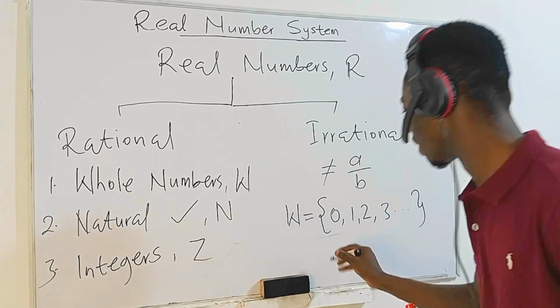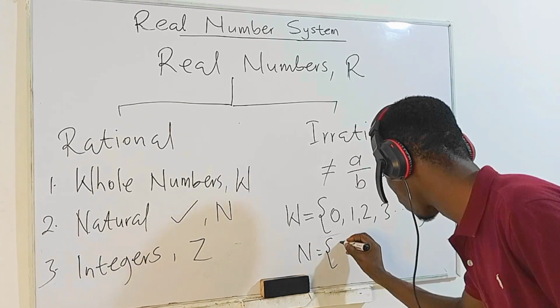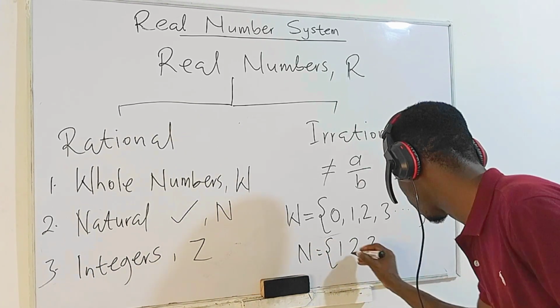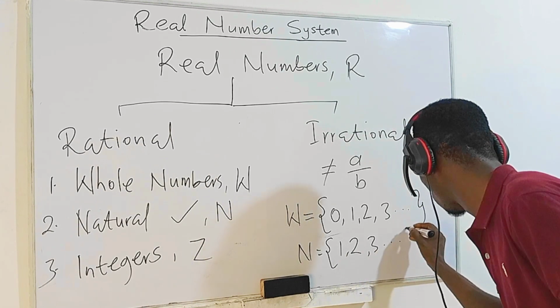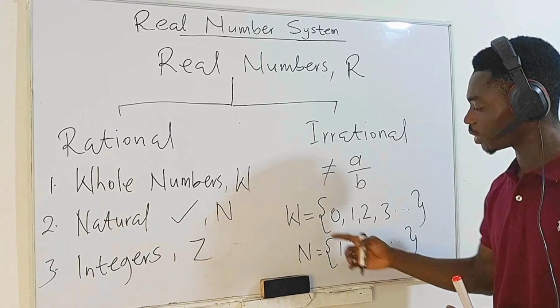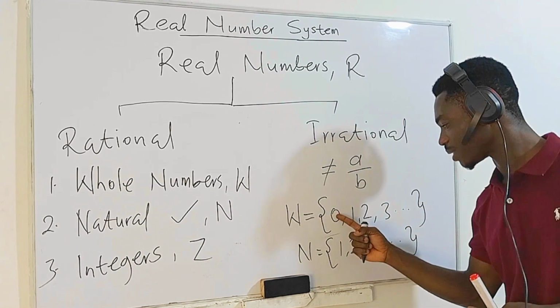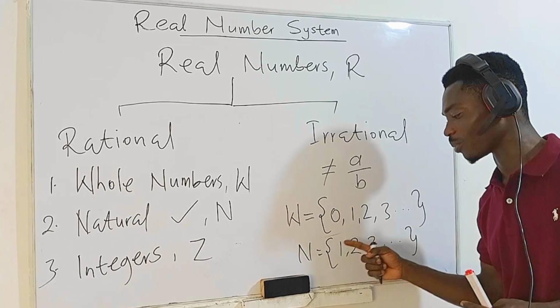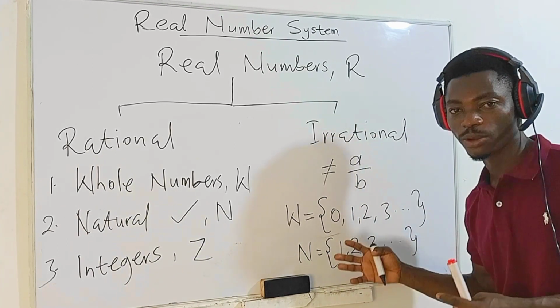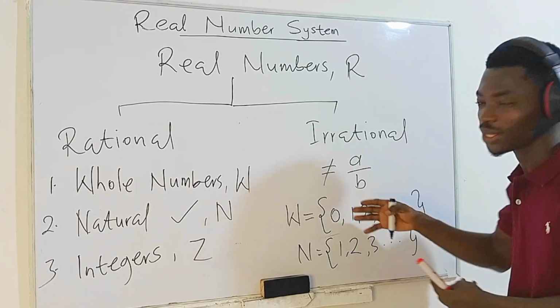Now, the set of natural numbers is 1, 2, 3, and it also keeps on going up to infinity. You notice that the difference between whole numbers and natural numbers is that whole numbers start from 0 and natural numbers start from 1. But in actual fact, all the elements in natural numbers can be found in whole numbers.